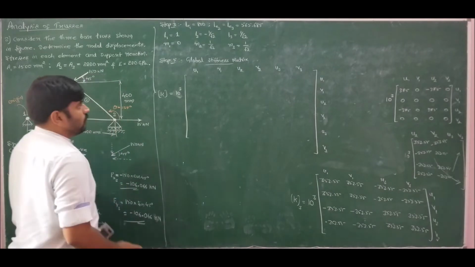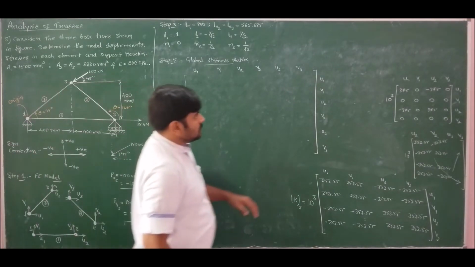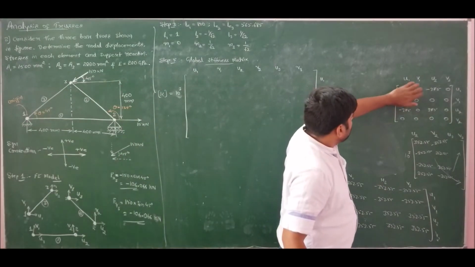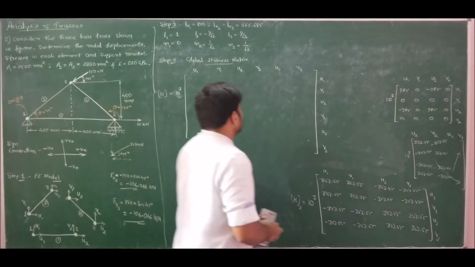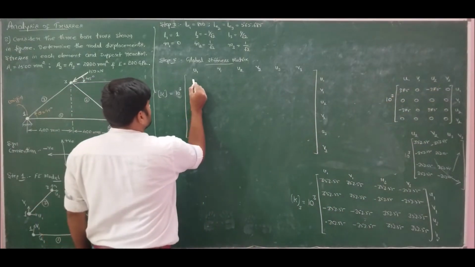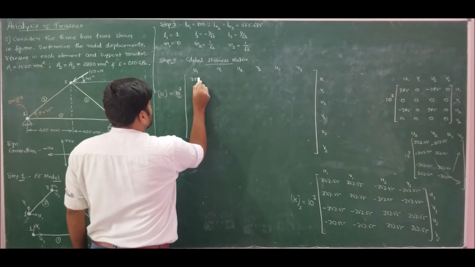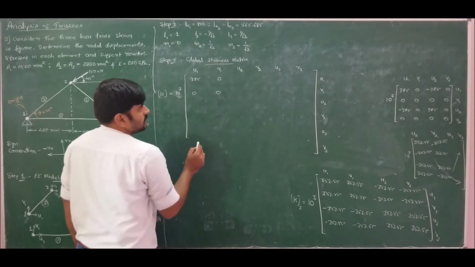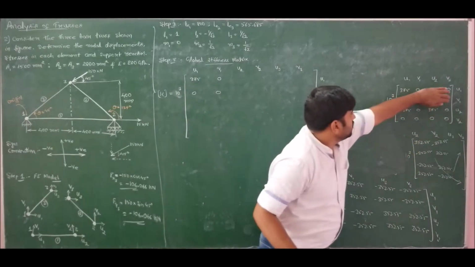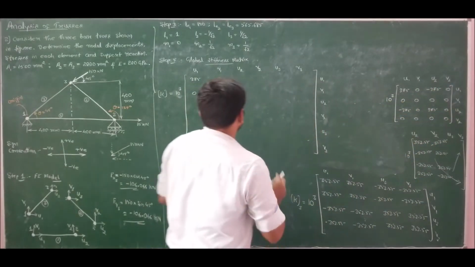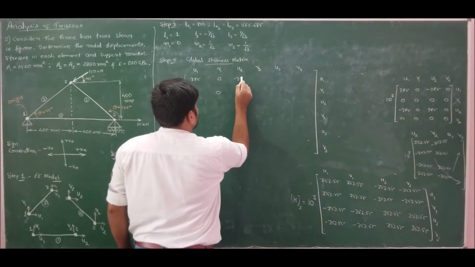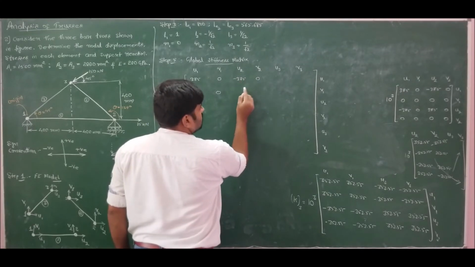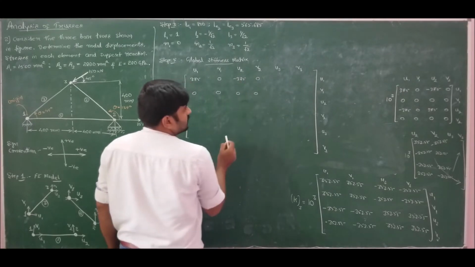Now take 4 at a time and place it. So if I take these 4, the order is u1 v1, u1 v1. So it will come here. It is 375, 0, 0, 0. So next 4 if I take, it is u2 v2, u1 v1. So it will come here, minus 375, 0, 0 and 0.